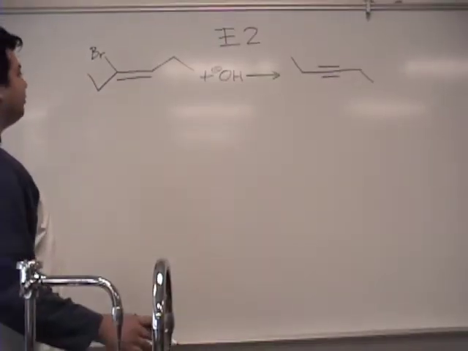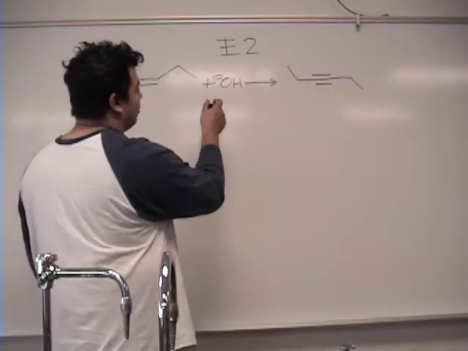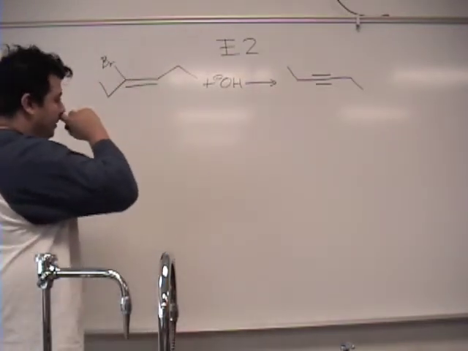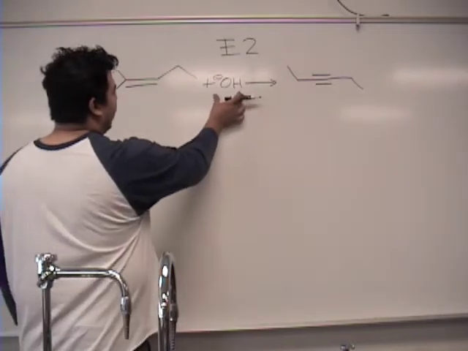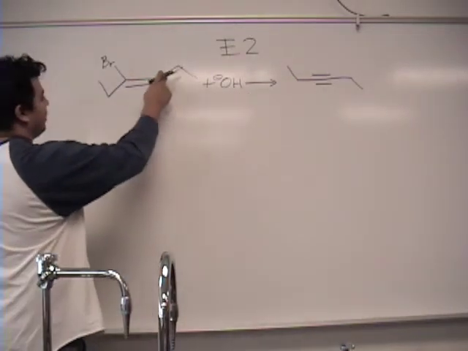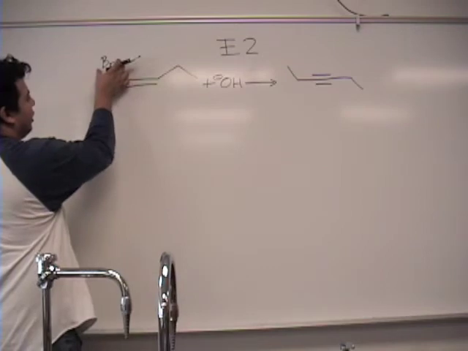Okay, another example. So we have our molecule here, base, and the product. Now we're going to check if the players are there. We see the base right here, we see the substrate right here, and we see our leaving group right here.